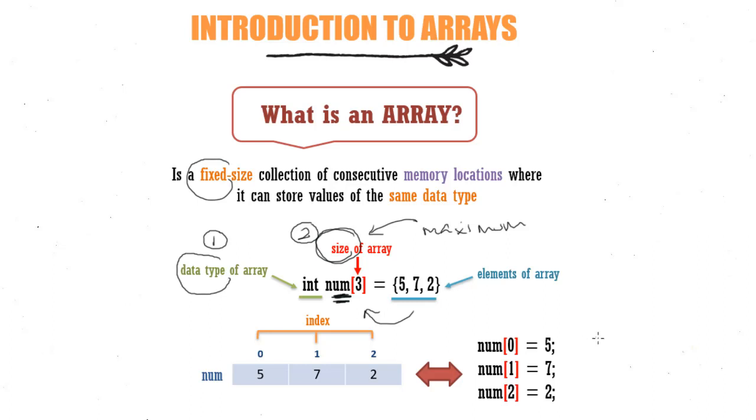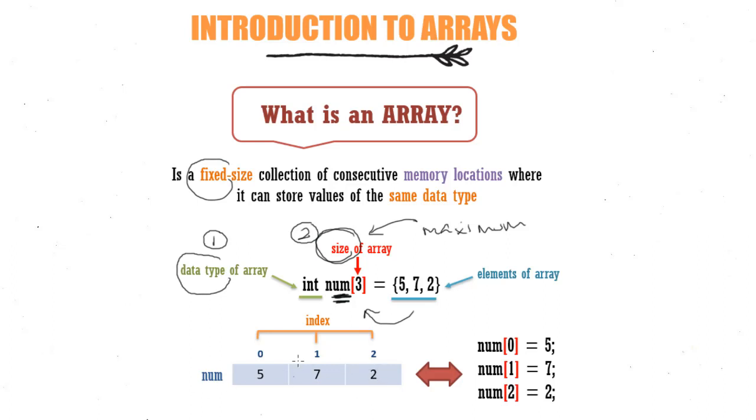Another thing that you need to know with arrays is how the elements, or how the data, is stored inside an array. It needs to be in order. Meaning that the data that you store inside here, you need to know where you want to store it. So if you want to store the first element as 5, the second element as 7, and the third element as 2, the data will be in order.